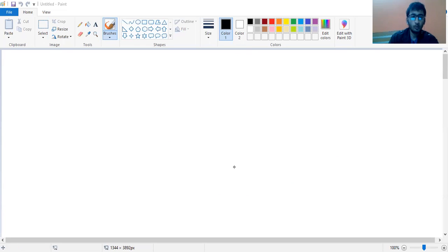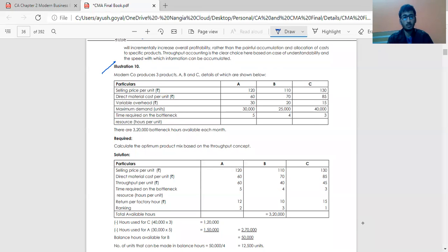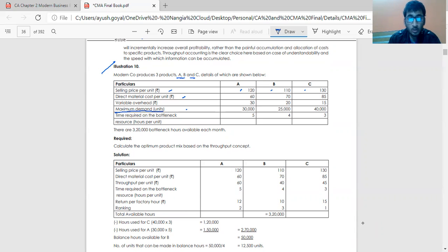Let's go with question 10. Firstly, let us read the question. Modern company produces 3 products, A, B and C, details of which are shown below. Sales price per unit is given as 120, 110 and 130 for A, B, C. The direct material cost is given, the variable cost is given, and the maximum demand is given to us.